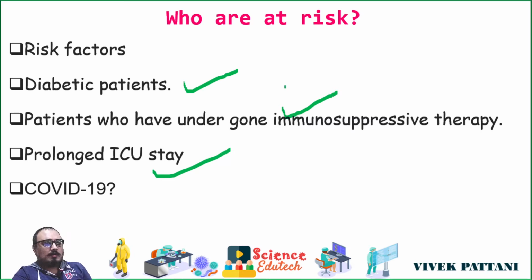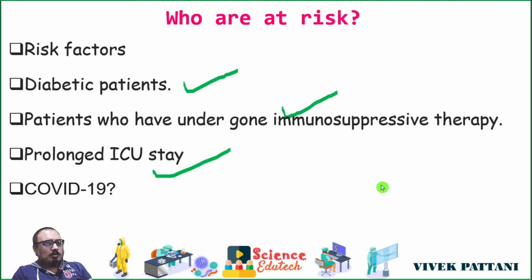So what about COVID-19? We hear right now that after recovery from COVID-19, many patients get a secondary infection of mucormycosis. In COVID-19, corticosteroids are commonly used in treatment, and they reduce the damage caused by the body's own immune system during a coronavirus infection.